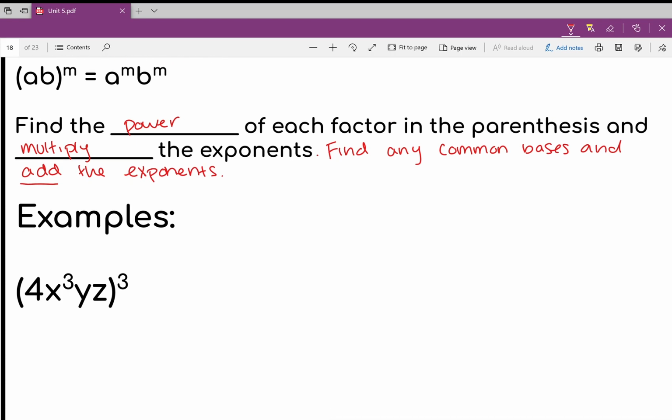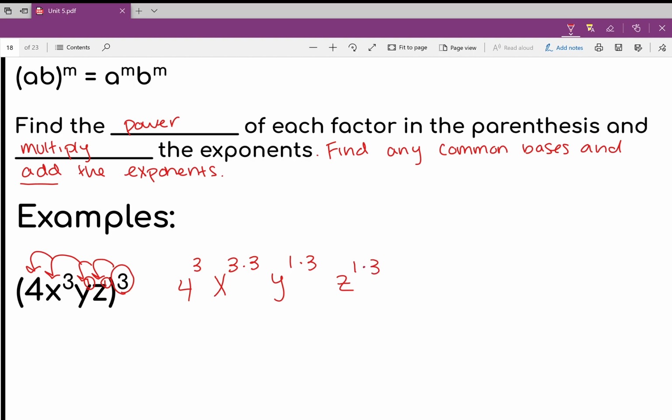Example 1, remember we're going to take the power that's on the outside, so this 3, and we're going to give it to everything on the inside. So the z, the y, the x, and the 4. So this becomes 4 to the third power, x to the third power times 3, y to the first power, since I don't see any exponent here, I'm going to assume they're 1s, times 3, and z to the first power times 3.